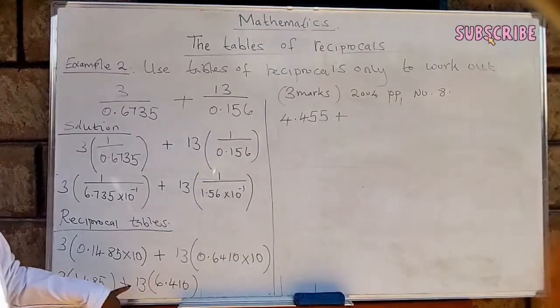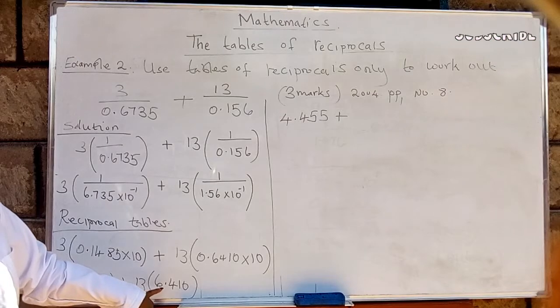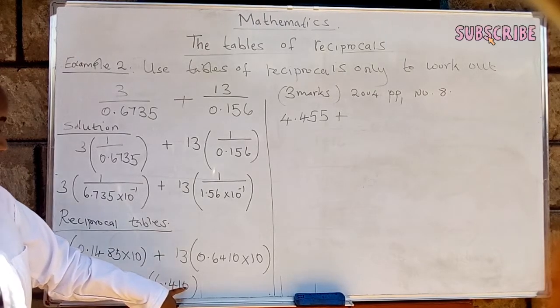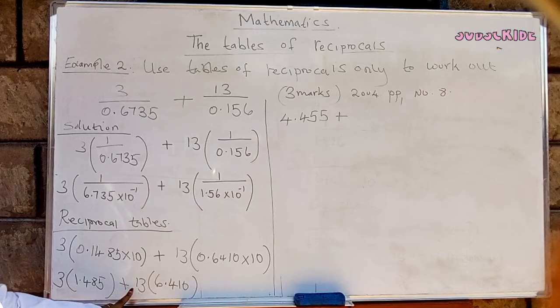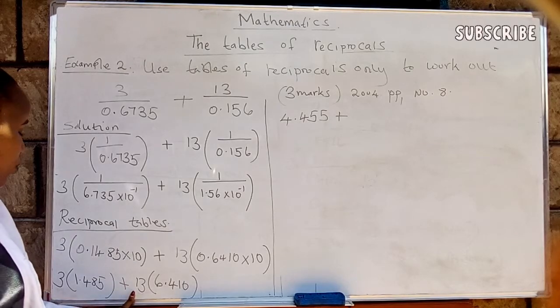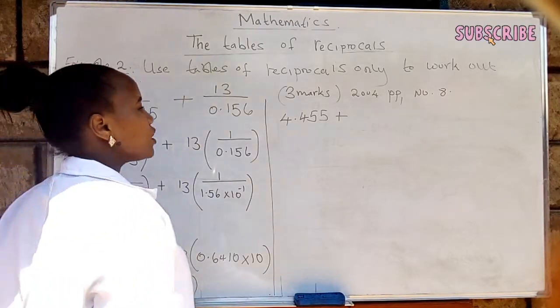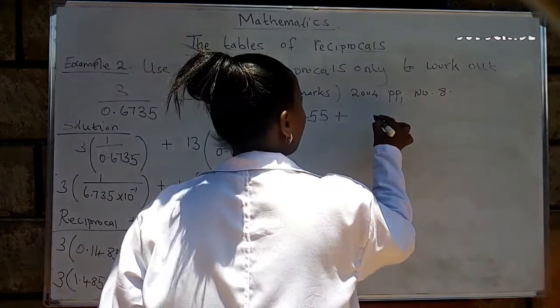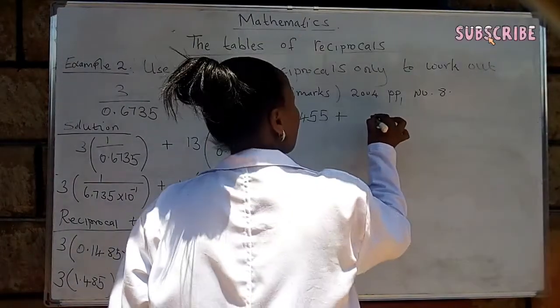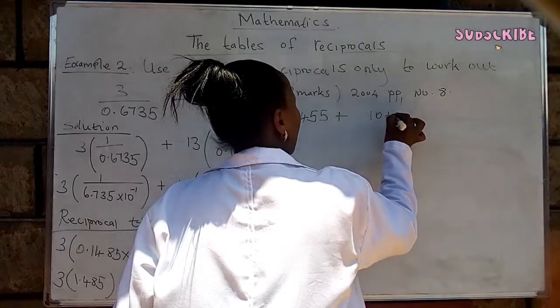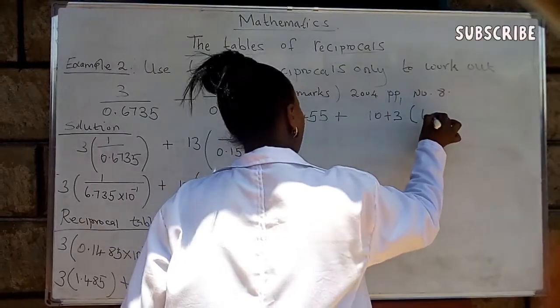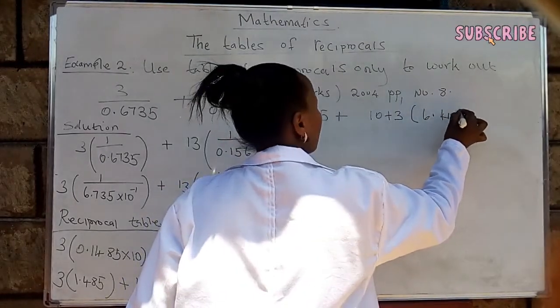now we are going to multiply 13 times 6.410. We are not going to use the calculator, so I manipulate this so that 13 is the same as 10 plus 3, multiplied by 6.410.